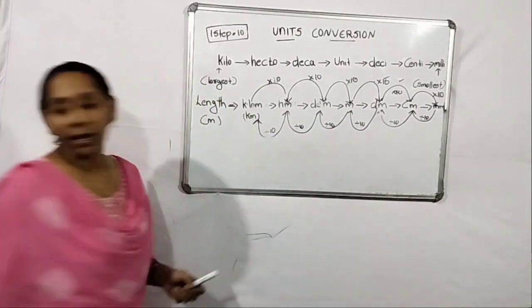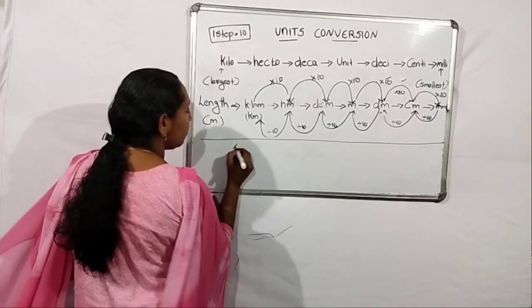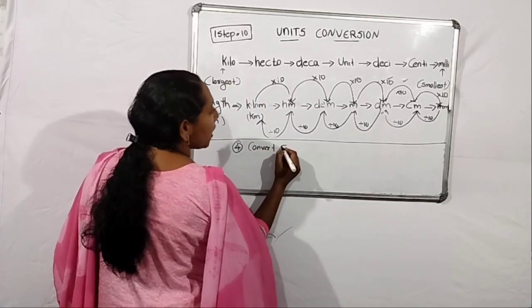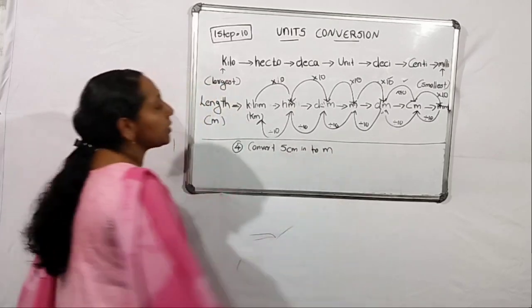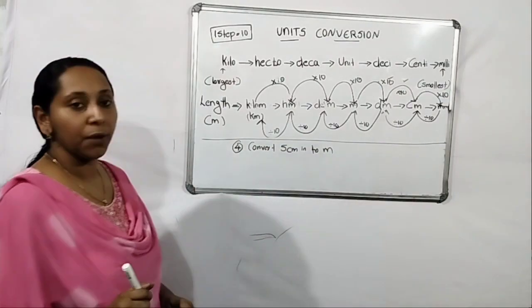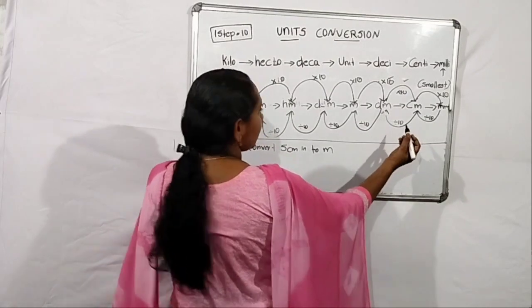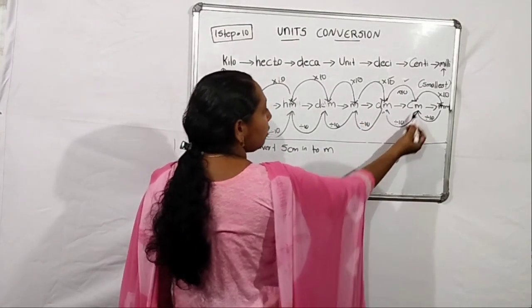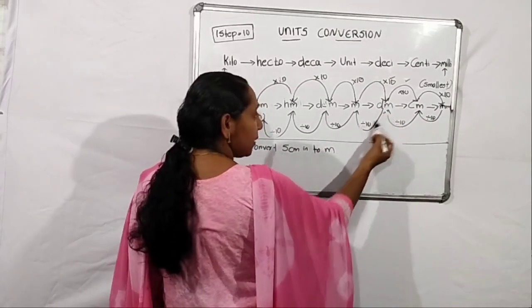Example number 4. Convert 5 centimeter into meter. So a smaller unit is converted into a larger unit. What is our way? Divide by 10. So this is our centimeter. 1, 2. 2 times divided by 10. You should get the answer in meter. Centimeter to decimeter, decimeter to meter.